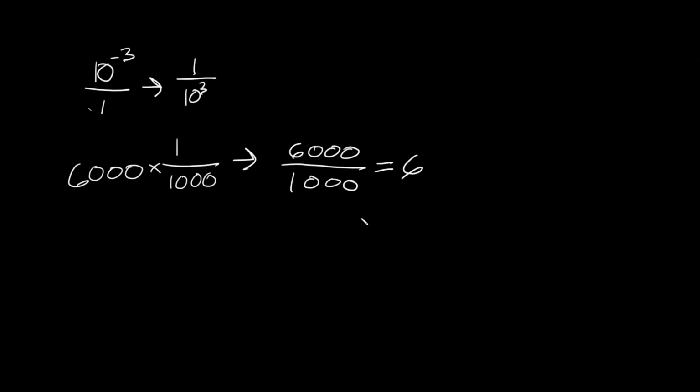And remember, when you're multiplying by fractions, it just means that you're multiplying by the numerator, and then dividing by the denominator. Right, so we're going to multiply 6,000 by 1, which will end up as 6,000. And then remember, we're still dividing by the denominator, and this will end up as 1,000. And 6,000 divided by 1,000, well, that's the same thing as 6 divided by 1, which is just going to equal 6.